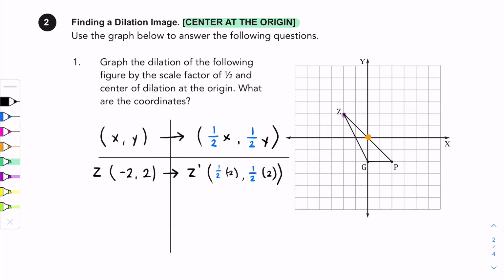When I simplify this, Z prime is going to be at -1, 1. I'm going to plot this point in blue, and that point is located right here.